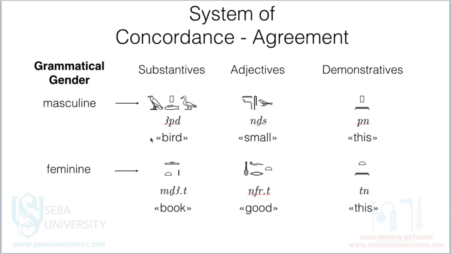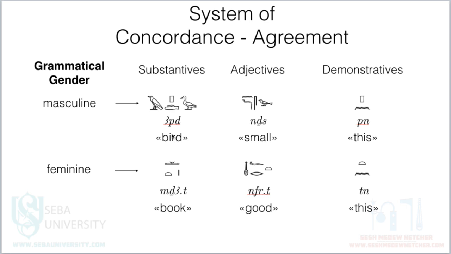Here we have another set. We have masculine again. This time the substantive is aped, which means bird. This is a masculine and singular substantive.